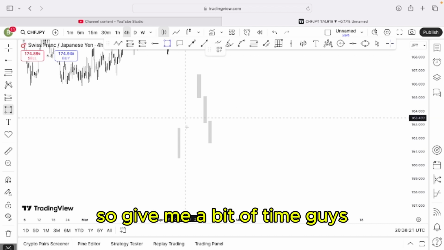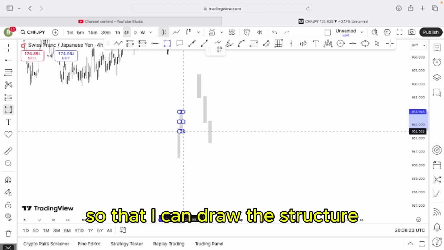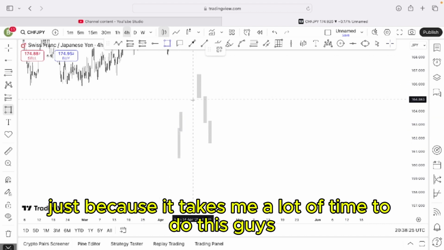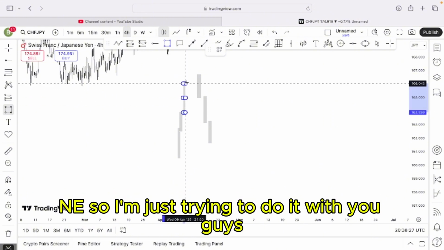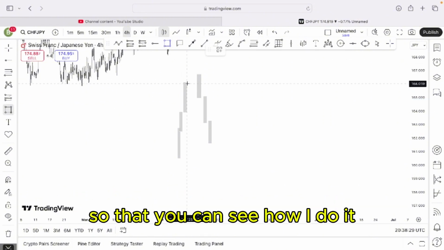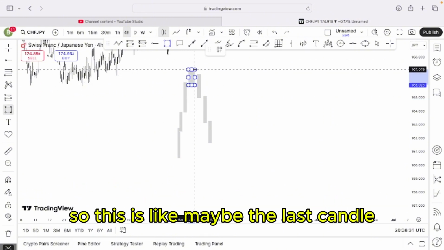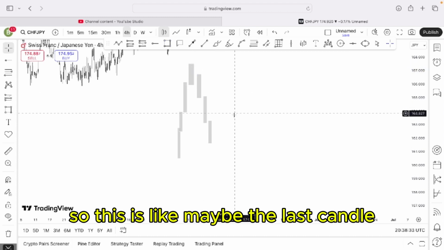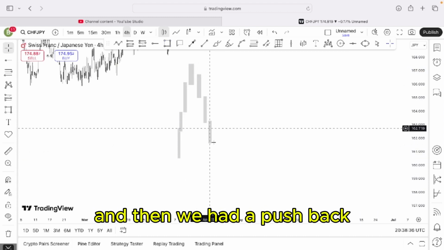So give me a bit of time, guys, so that I can draw the structure, just because it takes me a lot of time to do this, guys. So I'm just trying to do it with you guys so that you can see how I do it. So this is like maybe the last candle. So let's say maybe we had a pull up and then we had a pushback.